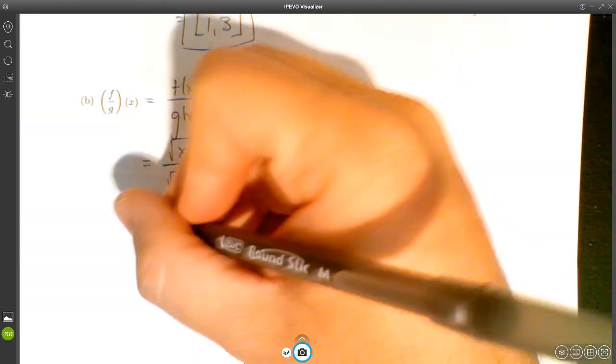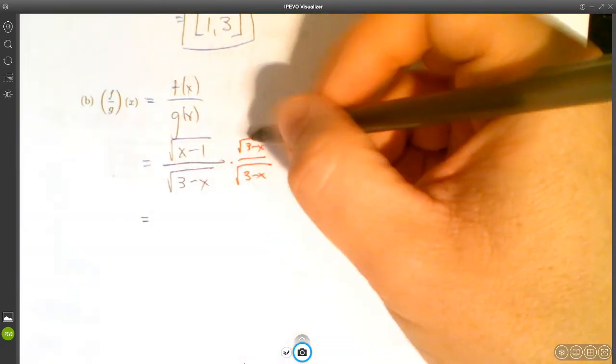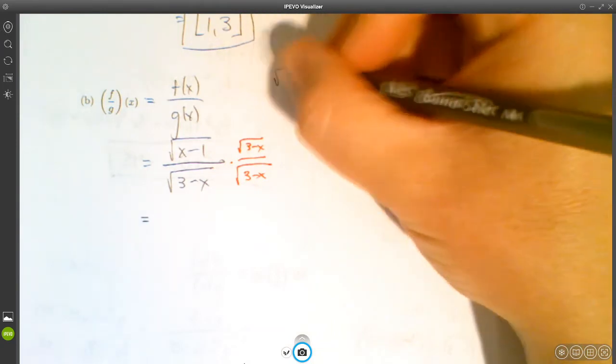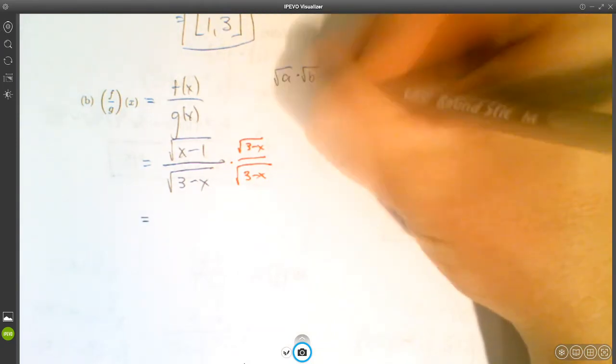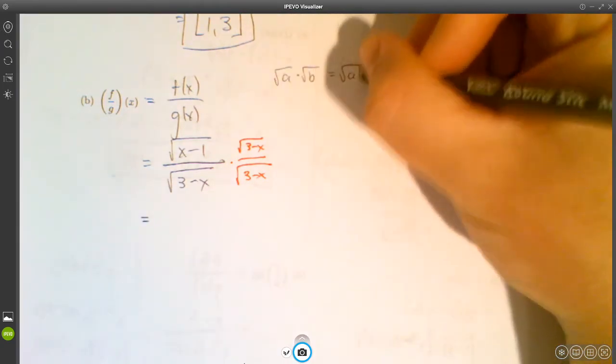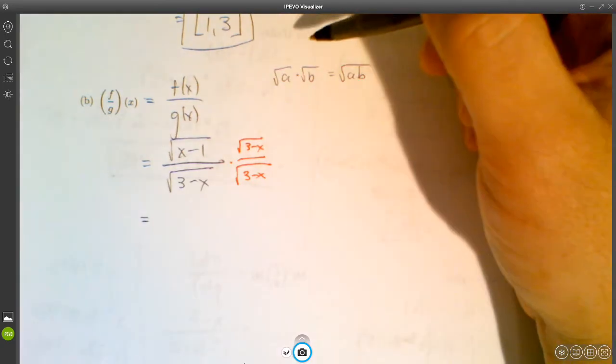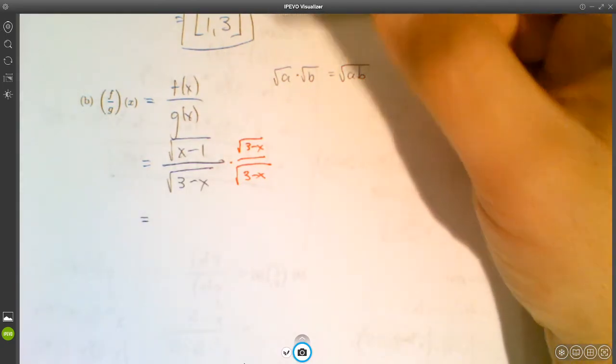And if we do that, in the numerator, since the radicands don't match, the square roots are not going to cancel. What you really have is square root a times square root b, which we know from the past is just square root of a times b. So I need to multiply the radicands. They're both binomials, and so that means I have to FOIL. I'm going to FOIL a little differently because I want to write this in descending order.